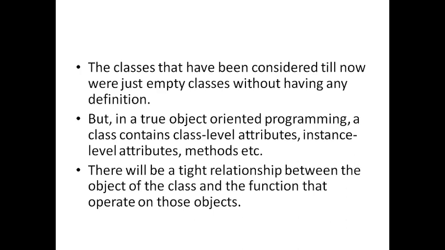But when we speak about true object-oriented programming, a class should contain class level attributes, variables or instance level attributes, and methods. There will be a relationship between the object of the class and the functions that operate on those classes.